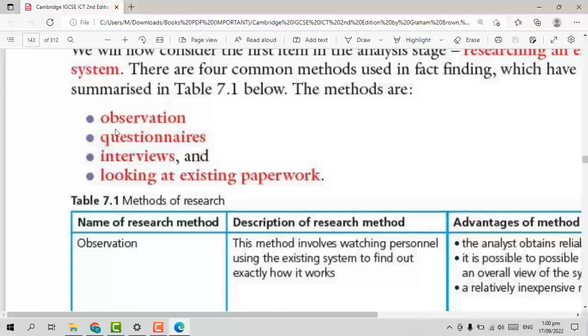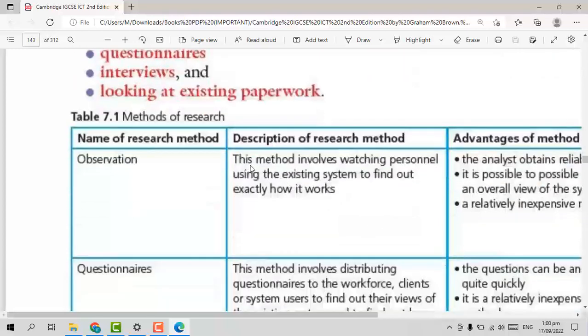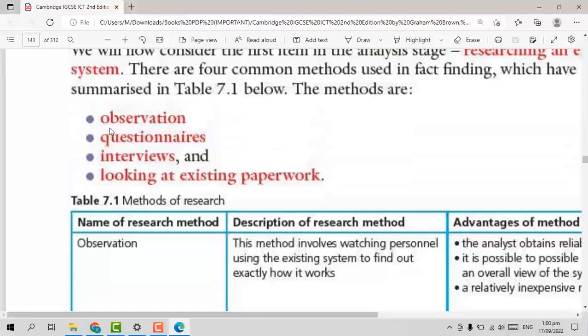Observation, as defined here, involves watching personnel using the existing system to find out exactly how it works. Basically, I'm going to grab a chair, sit down in a big company, hospital, or school, and observe how the system is working.